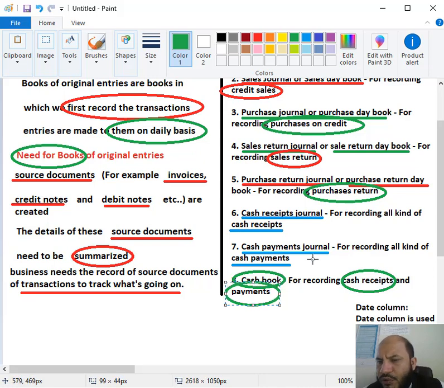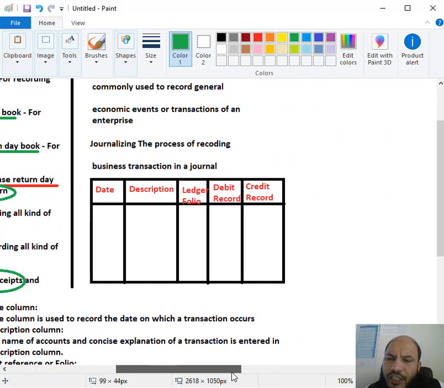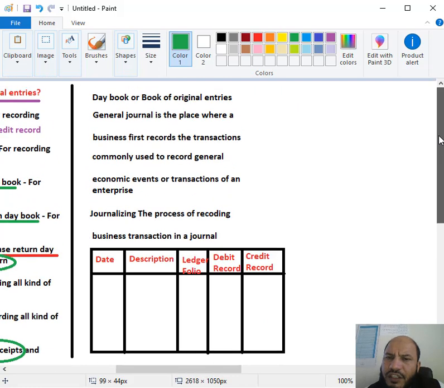In the cash payment journal we only record cash payments, and in the cash receipt journal we only record cash received. But in the cash book we record both. So dear students, I hope that you have understood the different types of original entry books.